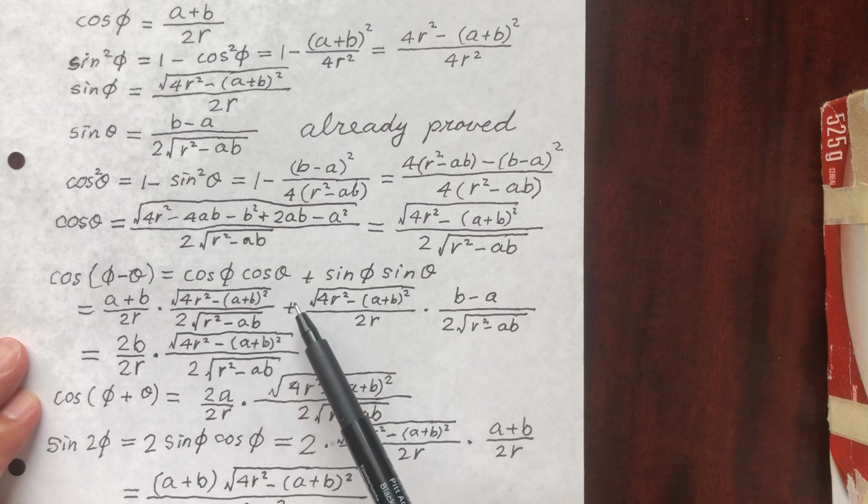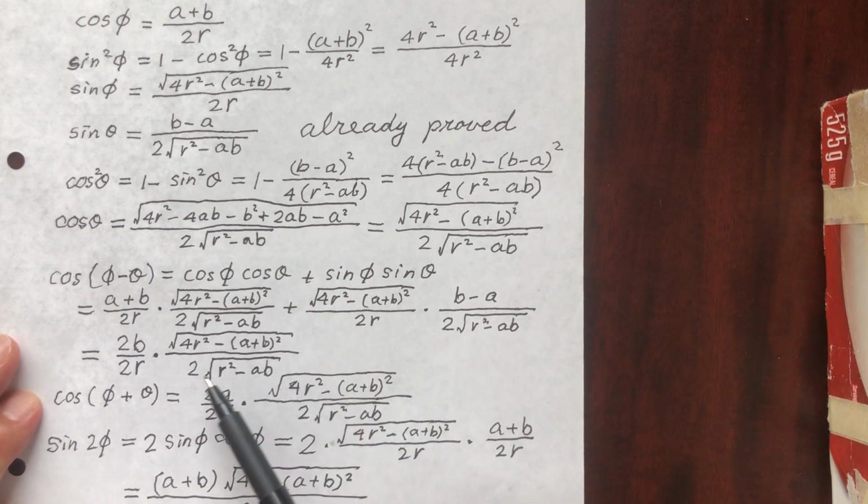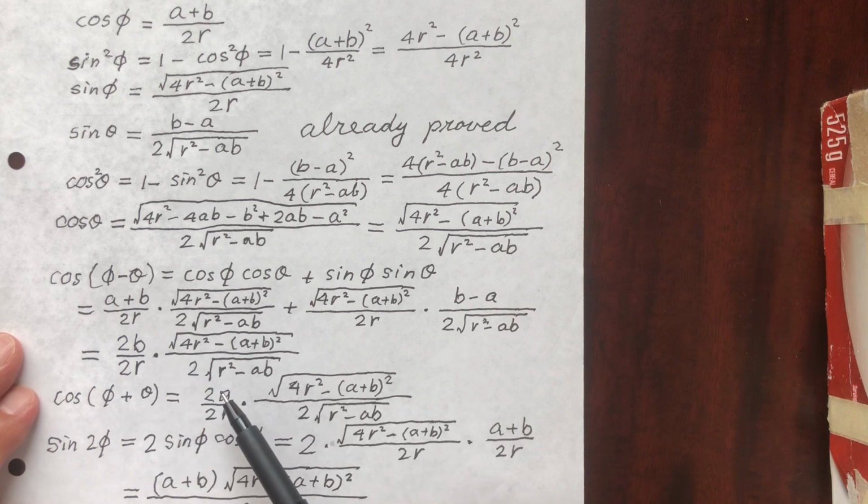So you change this to minus, and what you have is, instead of 2b on top, you will have 2a on top. The rest is exactly the same as that. So it's 2a here, 2b here, that's the difference.